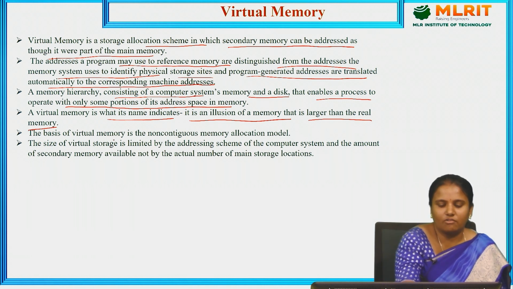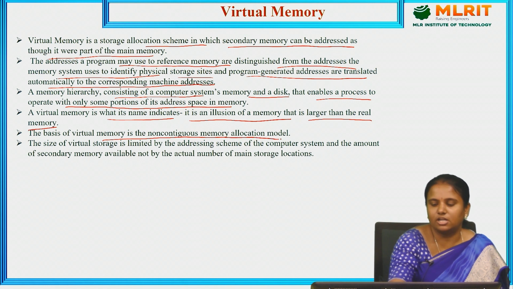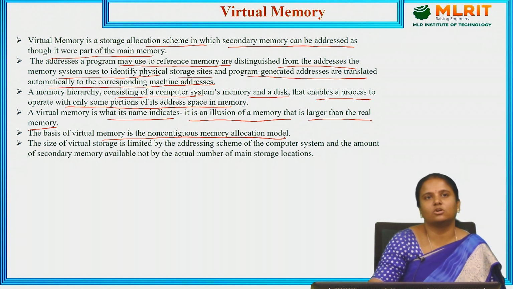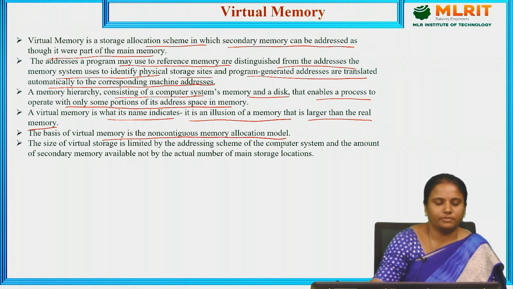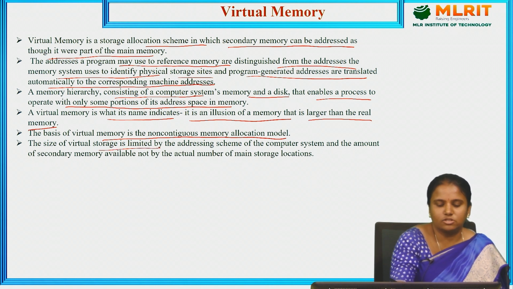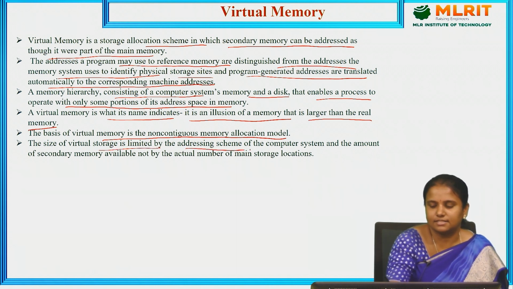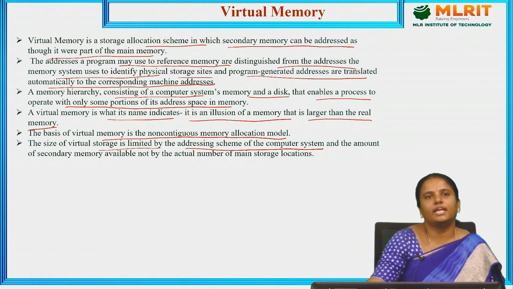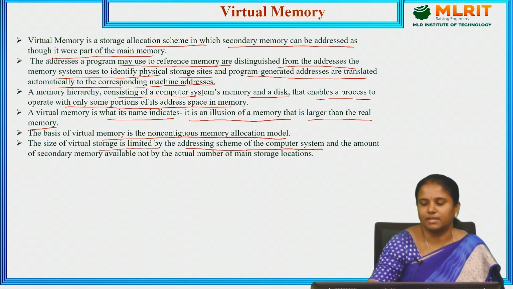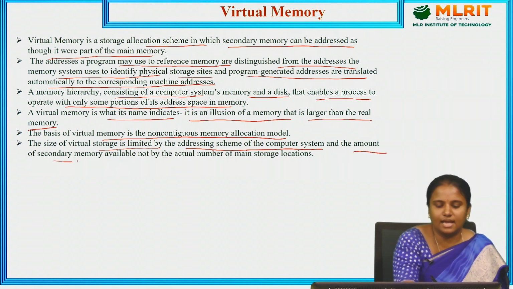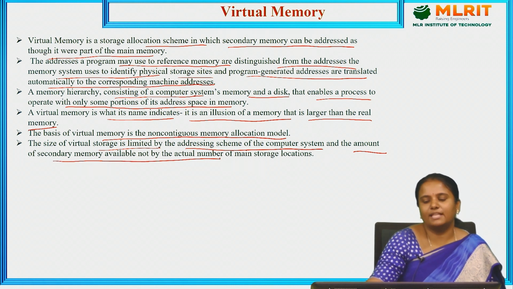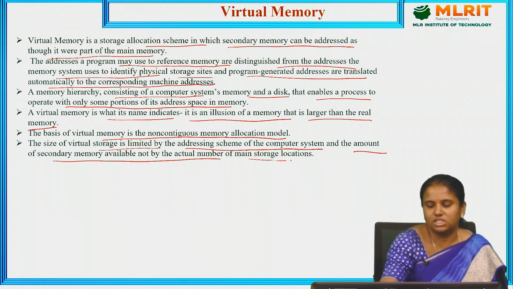The basis of virtual memory is the non-contiguous memory allocation model. The size of virtual storage is limited by the addressing scheme of the computer system and the amount of secondary memory available, not by the actual number of main storage locations.